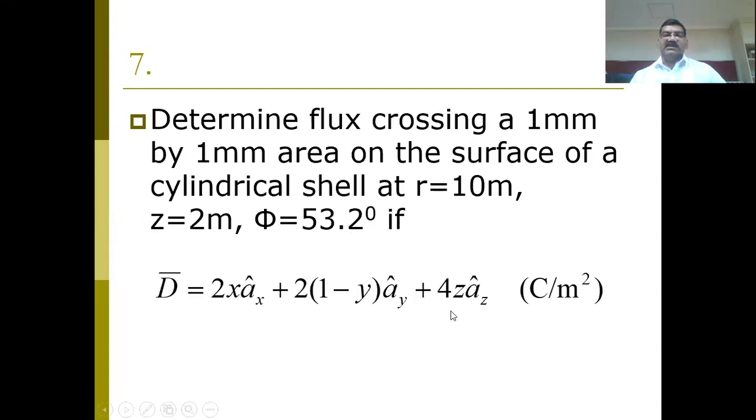D is given as this. So you put the limits in D dot dS and calculate, nothing else is there. This is the cylinder, so you can calculate the enclosed flux, that's it.